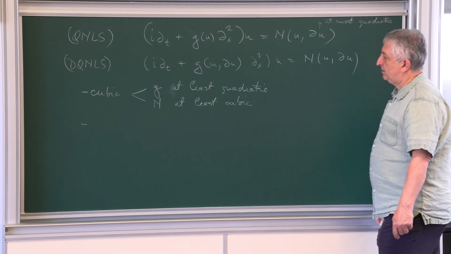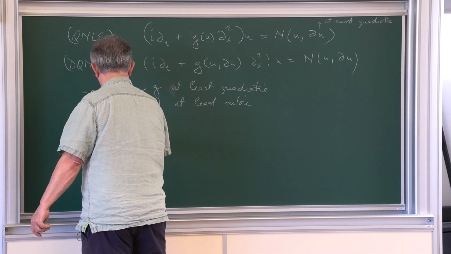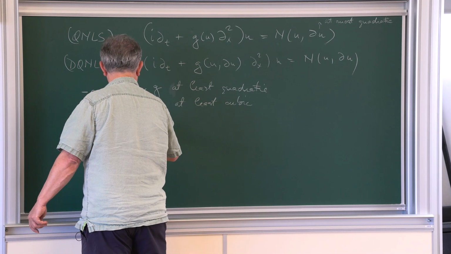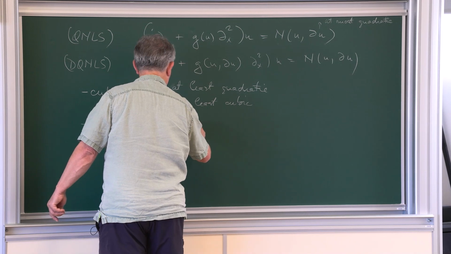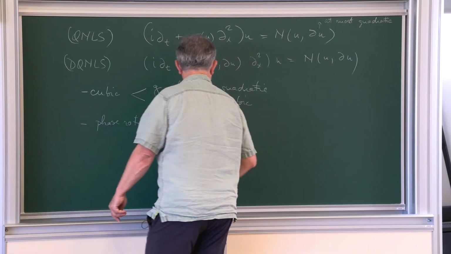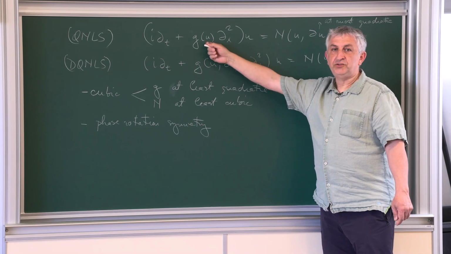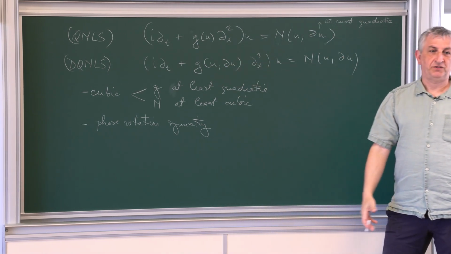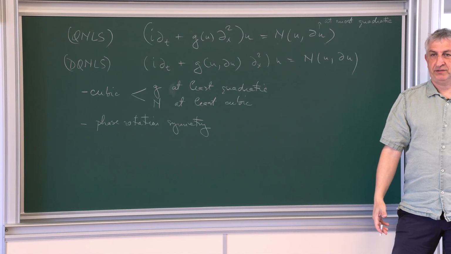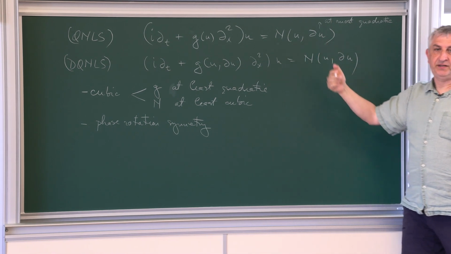Then we want to have the phase rotation symmetry. So in particular, G should be invariant with respect to phase rotation. So G should have a u and a u bar in it, and this N should have two u's and one u bar at the leading order.